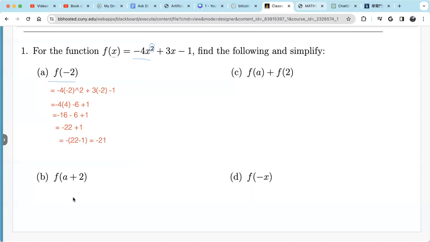All right, let's see B. Now the input is a plus 2. We have no idea what a is, and we don't care. The input is a plus 2. Just follow the pattern of the function. So that equals negative 4 times the input, a plus 2 squared, plus 3 times the input, a plus 2, then minus 1.